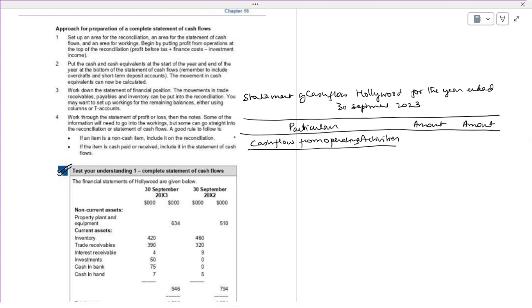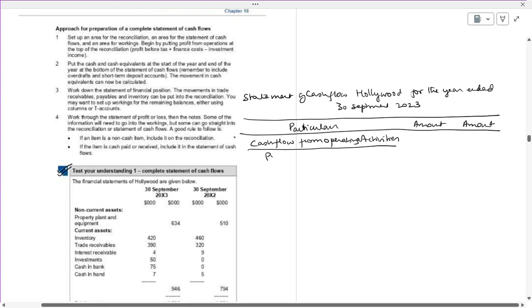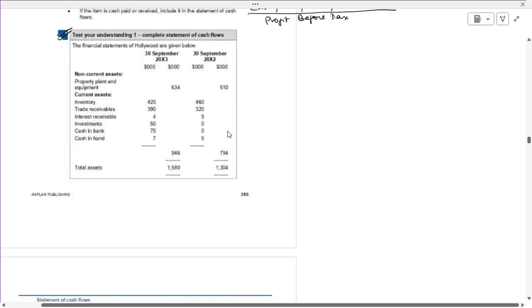See the format. Profit before tax. See the income statement.